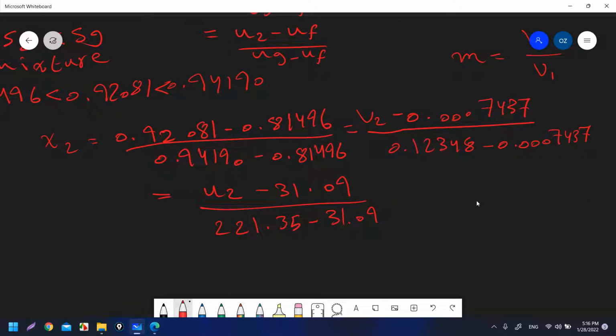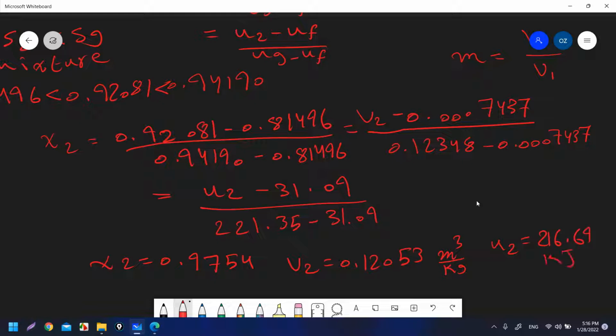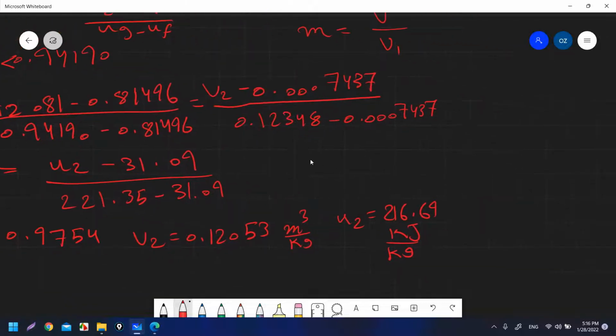Finally you will get x2 equal to 0.9754. V2 will equal 0.12053 meter cubed per kilogram, and U2 will be 216.69 kilojoule per kilogram. So we found everything.